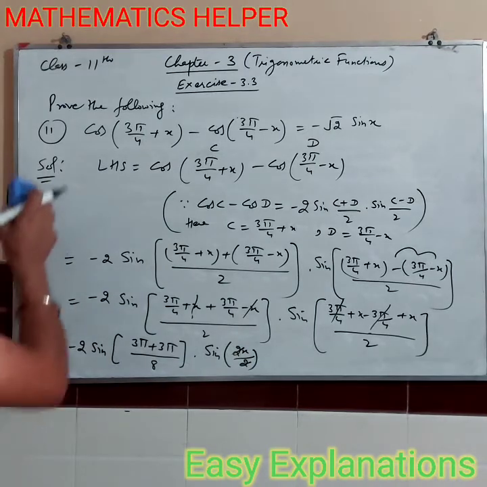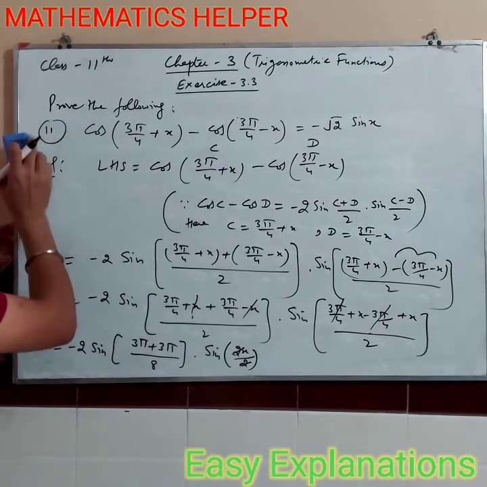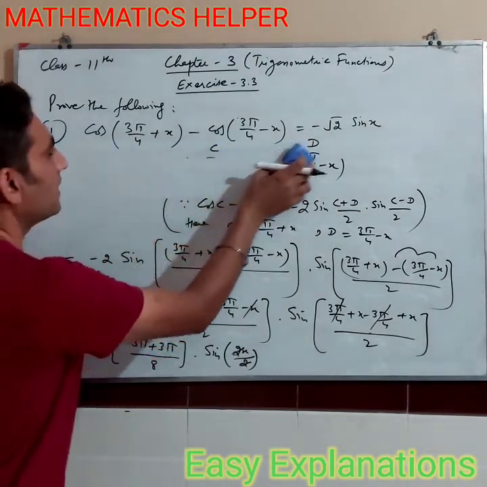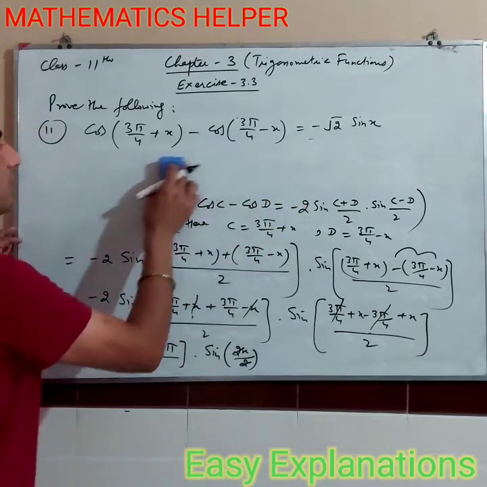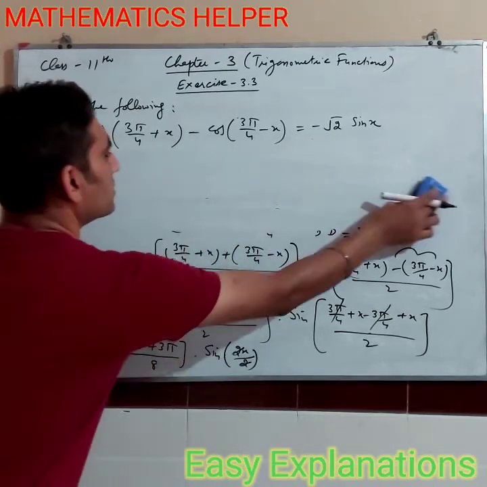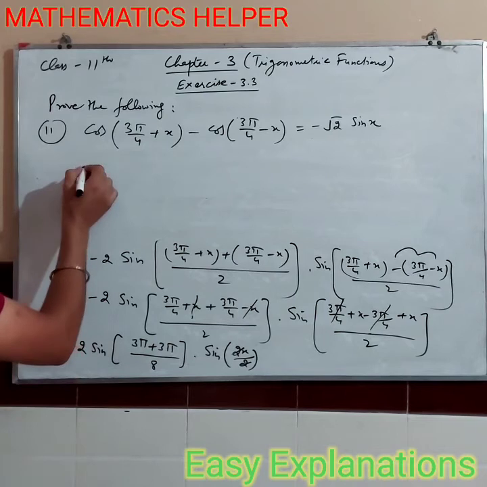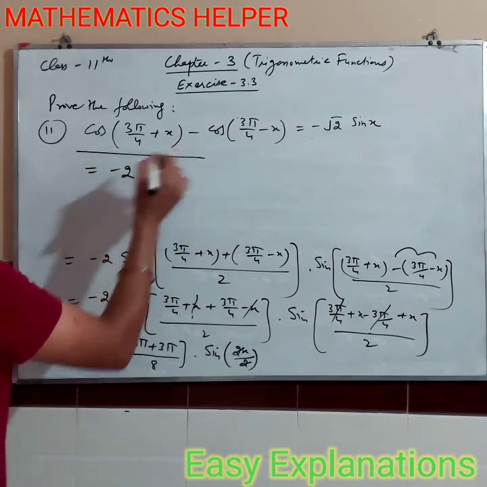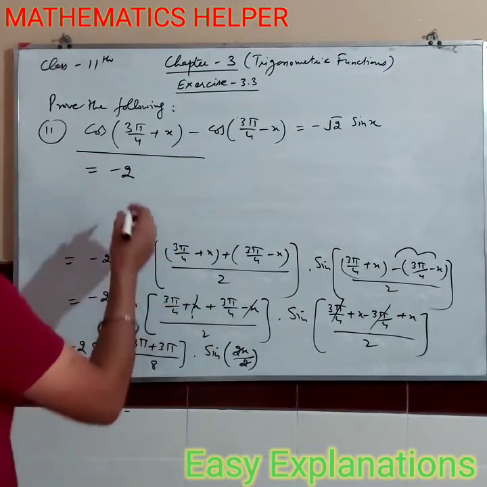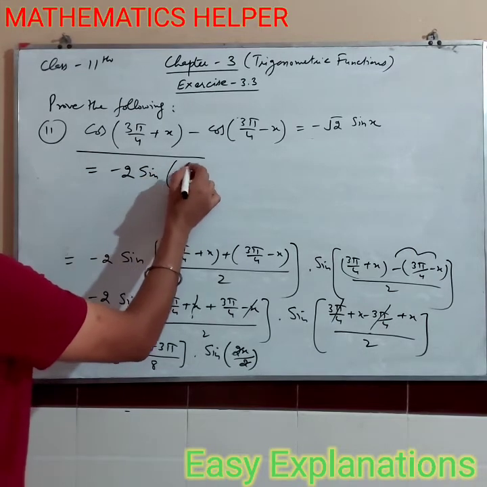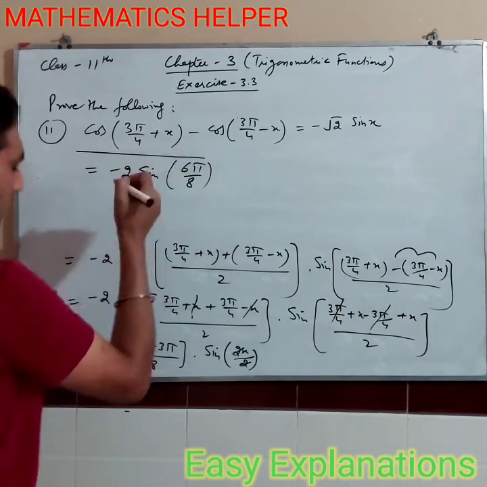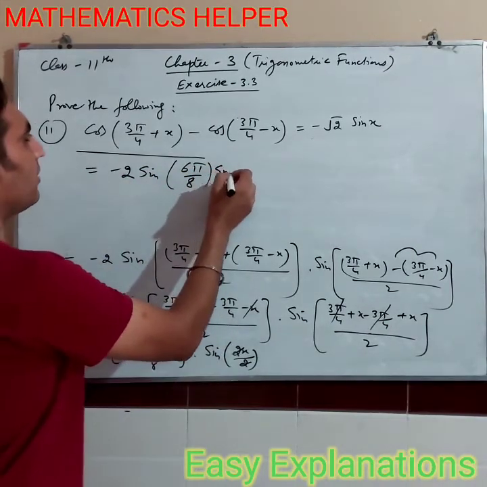Now see what is next. I am going to erase this calculation only, because we need that result which we have given with. So we have to write it. See, minus 2, sin of (3π + 3π)/8, which is 6π/8, of x.